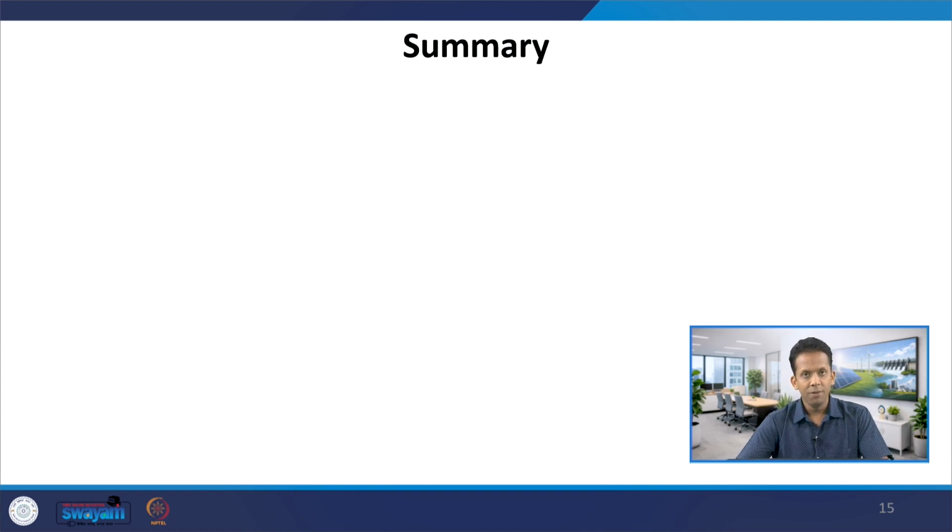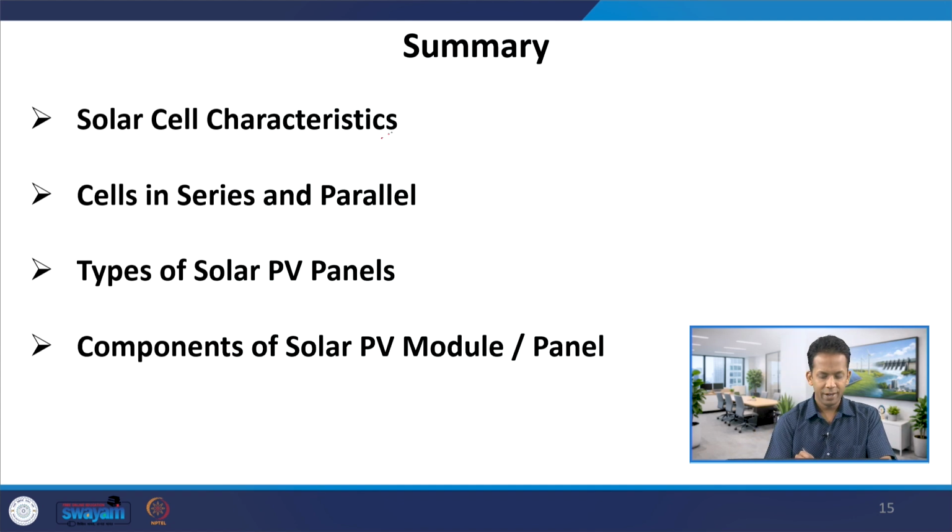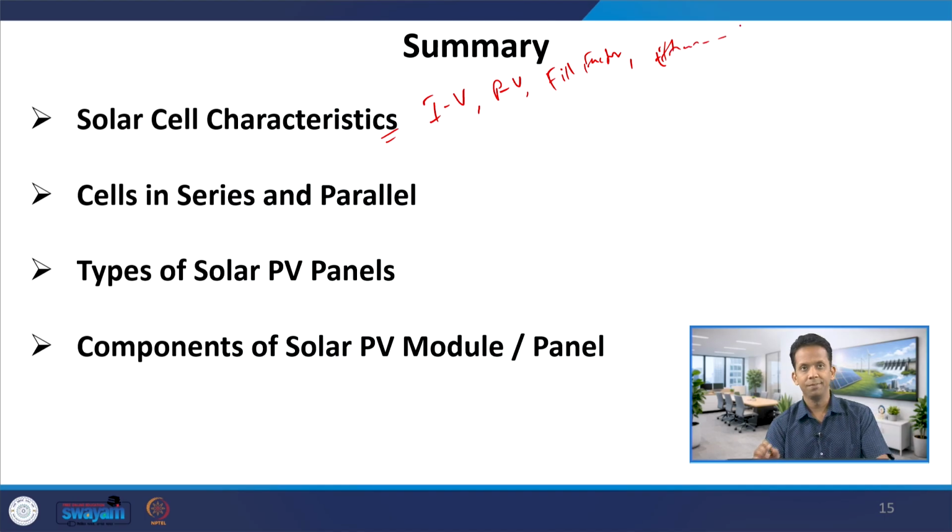To summarize, we started with solar cell characteristics, where we studied PV and IV curves and looked at the concepts of fill factor and the efficiency of the solar cell, right? Then we discussed how different solar cells can be connected in series and parallel, and how we make a decision.